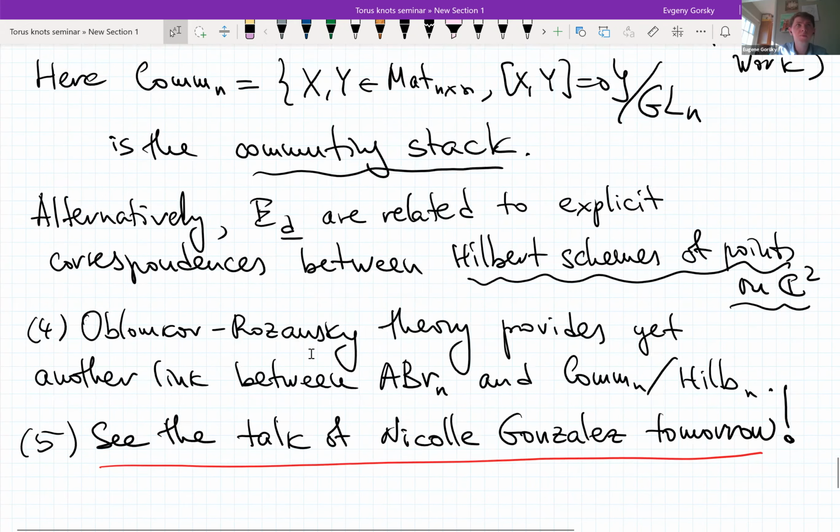And then maybe the last two remarks. First of all, Oblomkov and Rozansky have a very complicated theory, also categorifying the affine braid group using some really tricky category of matrix factorizations. And they have a link with the commuting variety. It's an interesting thing to understand what they're doing, to find these elements E_G in their setup and try to make some computations in their setup, but I maybe don't understand it as well.